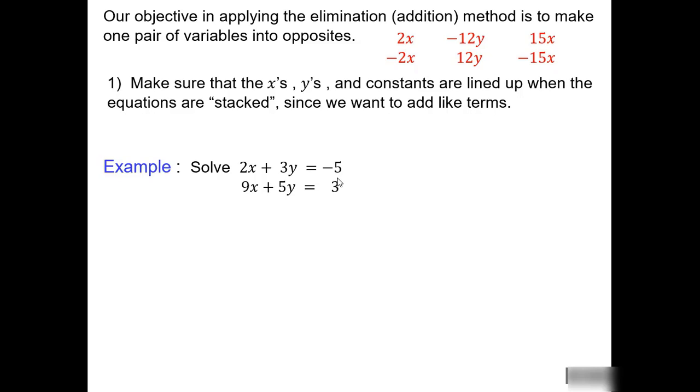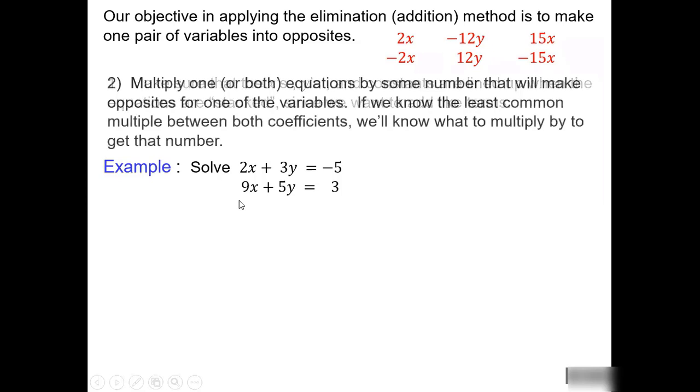The purpose for this is just to make sure that when I add the equations together, I'm adding like terms. So the first step that we're going to take here is that we're going to multiply either one equation or both equations by some number that's going to give me opposites.